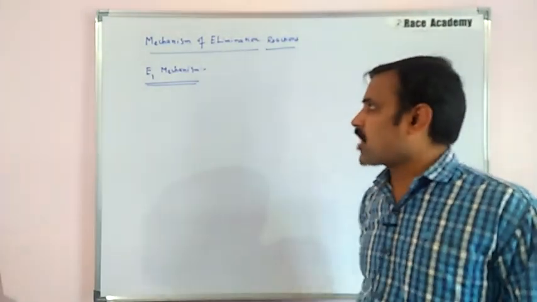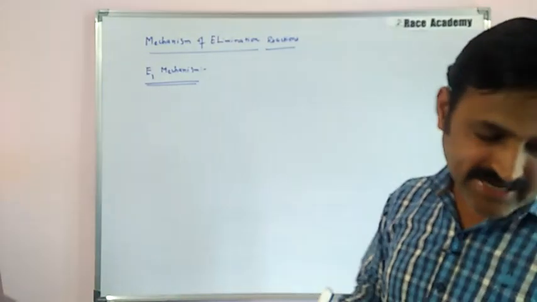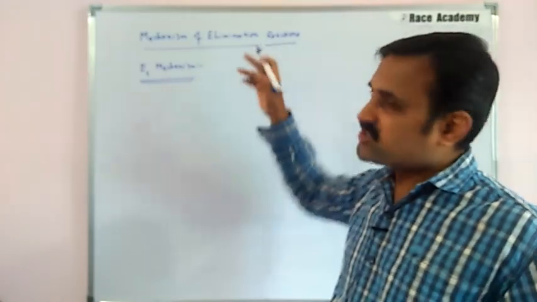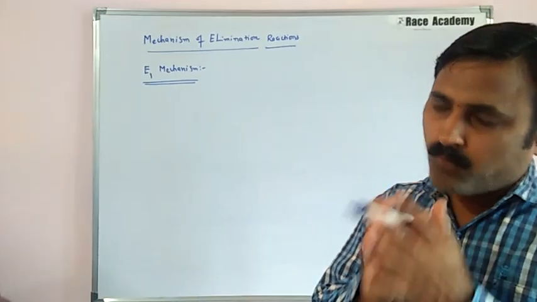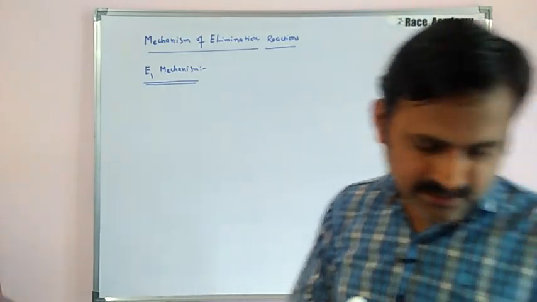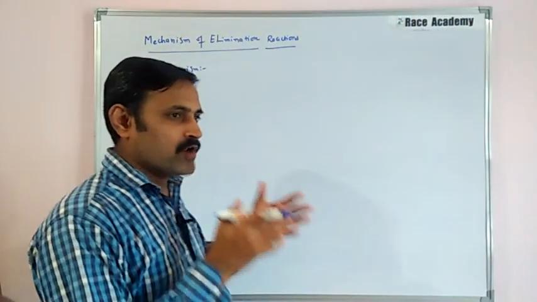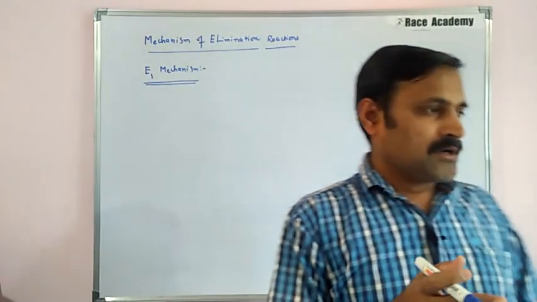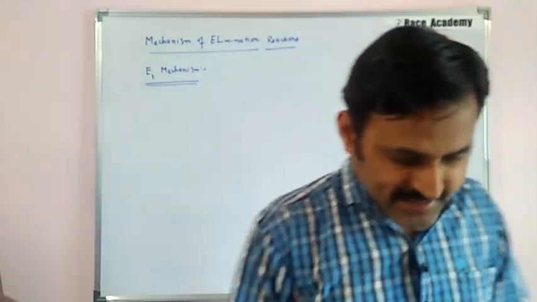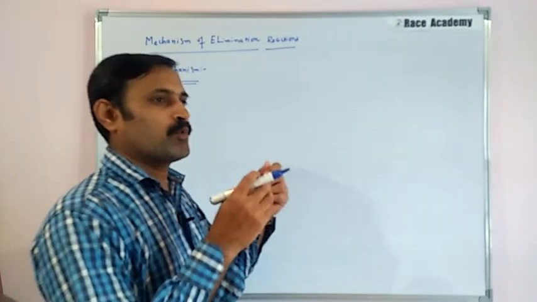Let us take an example of the E1 mechanism to understand this elimination reaction. I am going to take tertiary butyl bromide along with the dehydrohalogenating agent alcoholic potassium hydroxide.